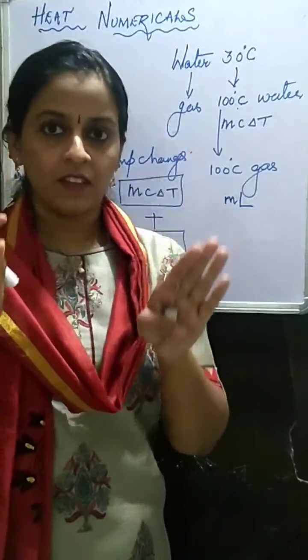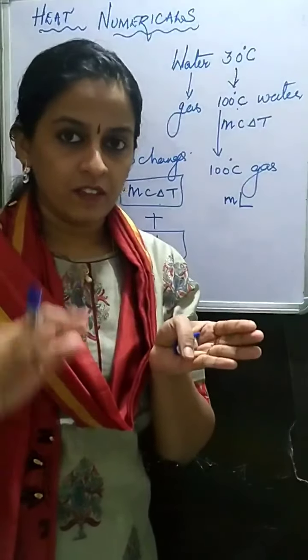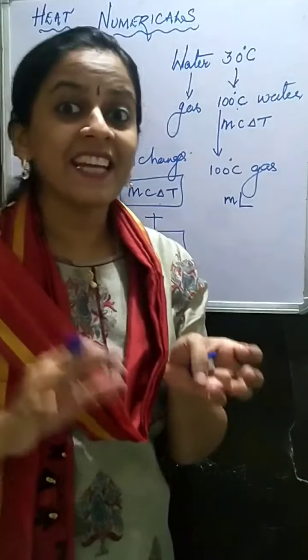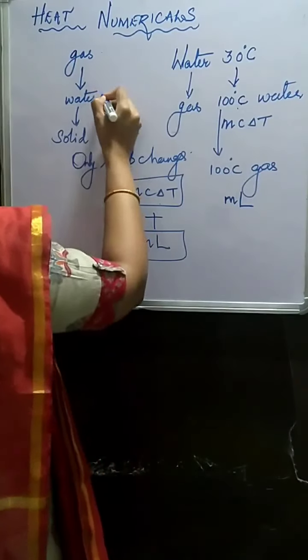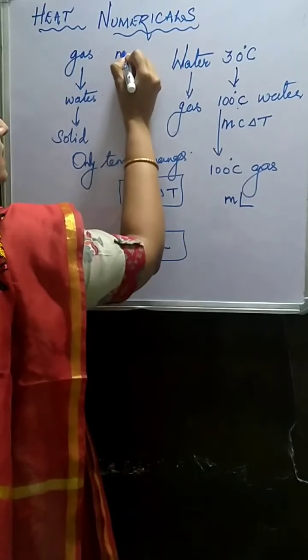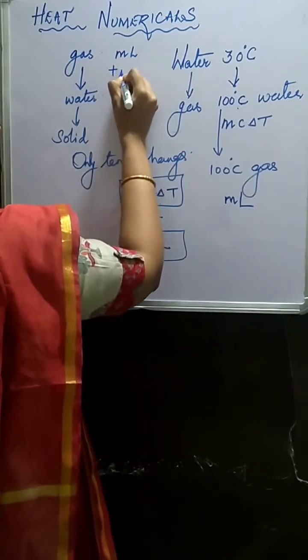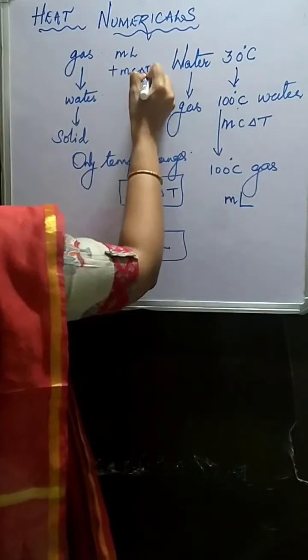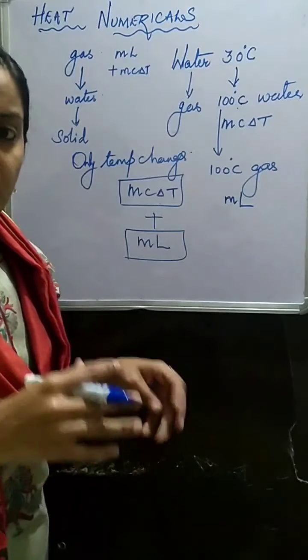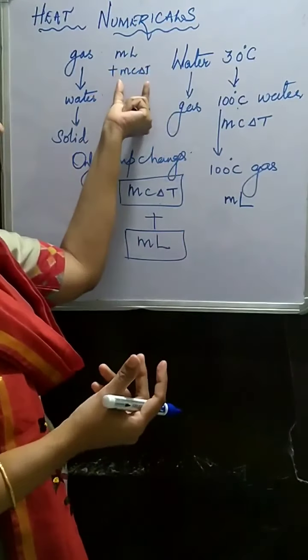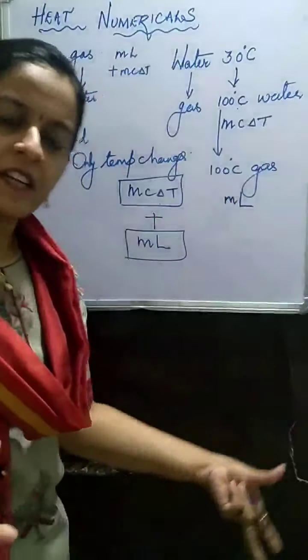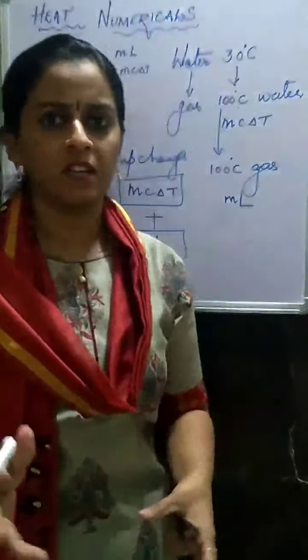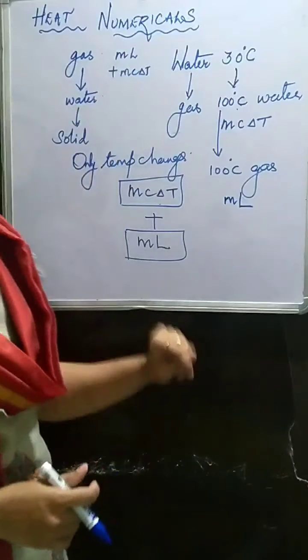Think, gas to water, from water to ice, heat is given out. So from gas to water, there is mL plus mc delta T. Change in state as well as heat given out. Same as when heat is absorbed, mc delta T; heat is given out, mc delta T. Change in state, mL.